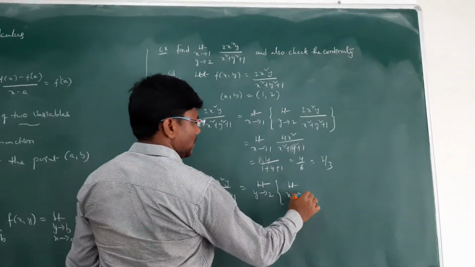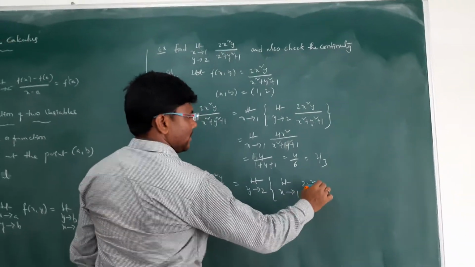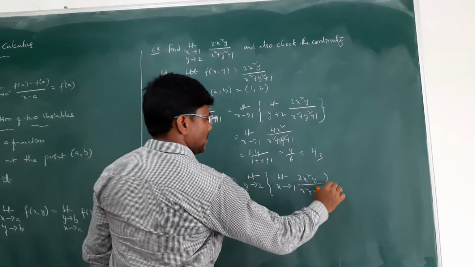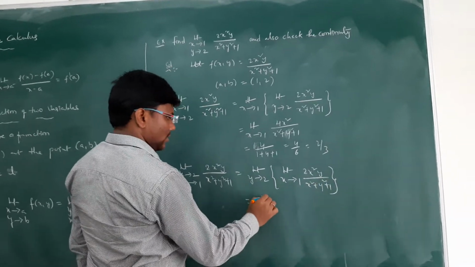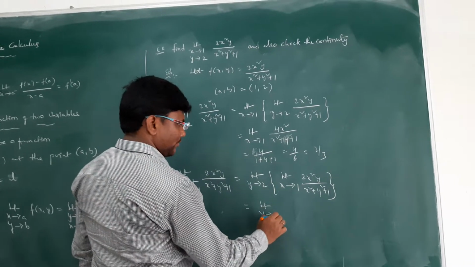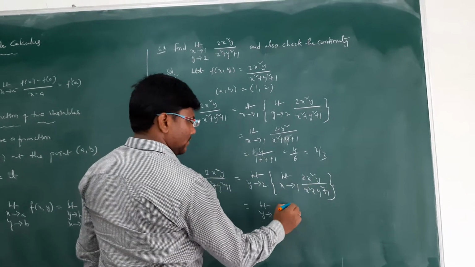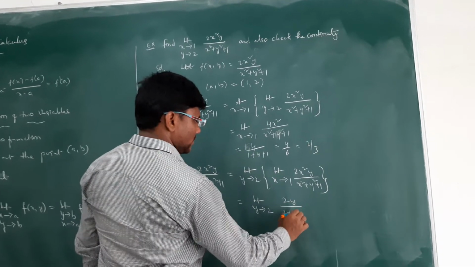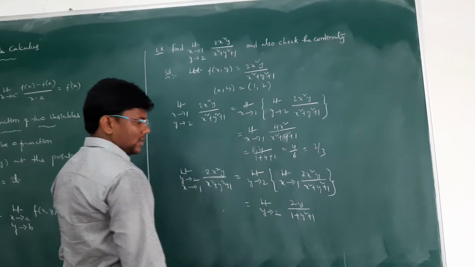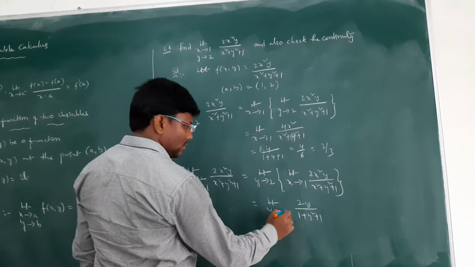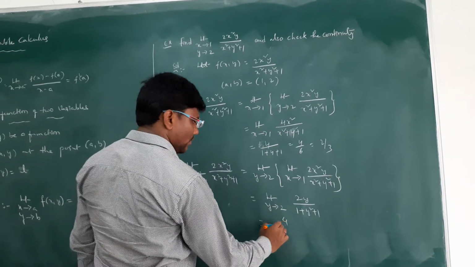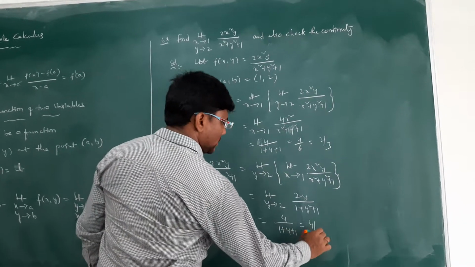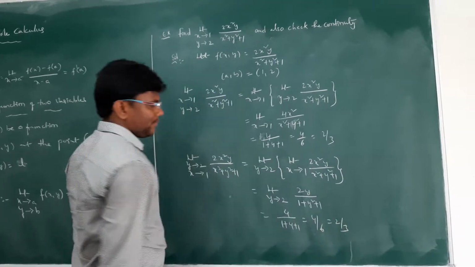Limit x tends to 1, 2x square y by x square plus y square plus 1, that is equal to limit y tends to 2, x value 1, that is 2y by 1 plus y square plus 1. Now substitute the y value. Y limits 2, 2 twos are 4, 4 by 1 plus 4 plus 1, that is equal to 4 by 6 is equal to 2 by 3.